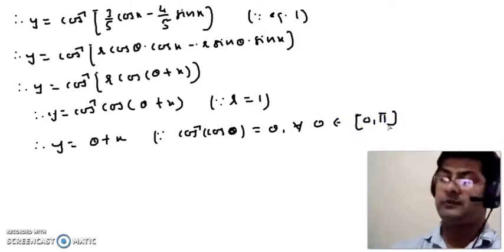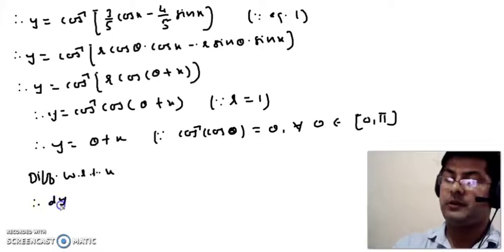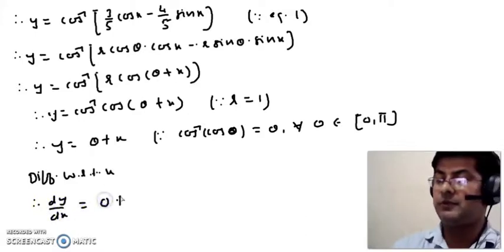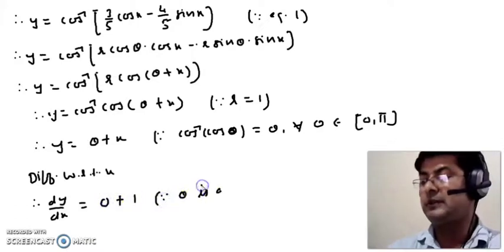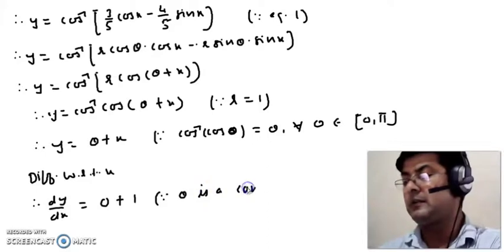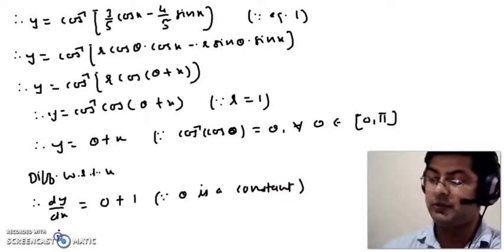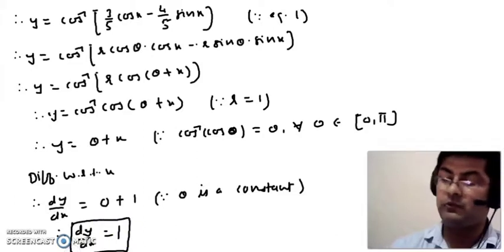Now differentiating with respect to x, therefore dy by dx, differentiation of theta will be 0 and x will be 1, since theta is a constant, and therefore its differentiation will be 0, and therefore our final answer is dy by dx is equal to 1.